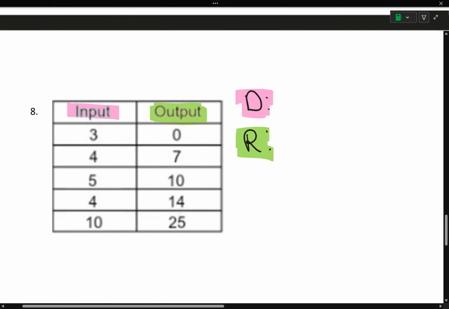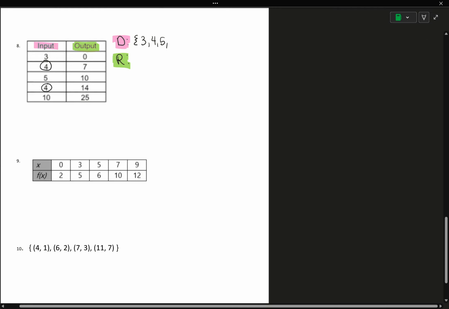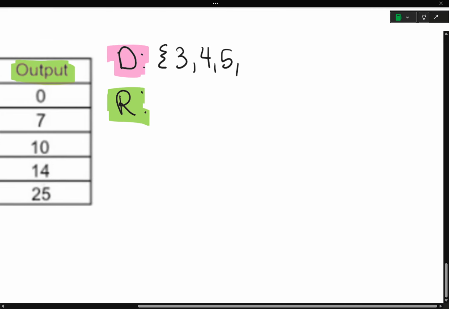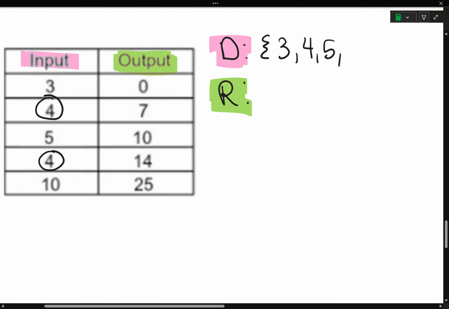So we're just going to rewrite them as a list with squiggly brackets. 3, 4, 5. Oh, do you see how these 4's repeat? Not a function. We don't need to write a 4 twice. We're just going to write it once. So what other numbers do we have left? Oh, just 10.